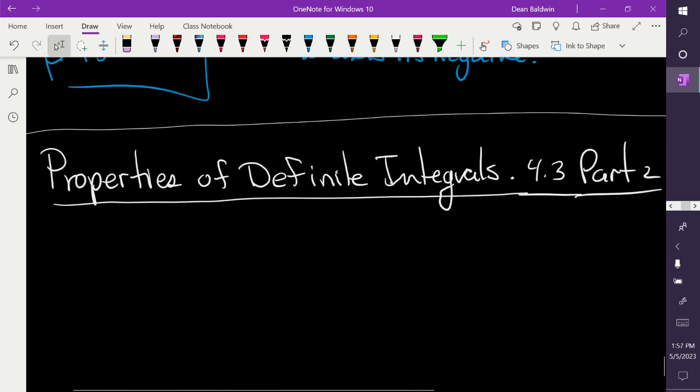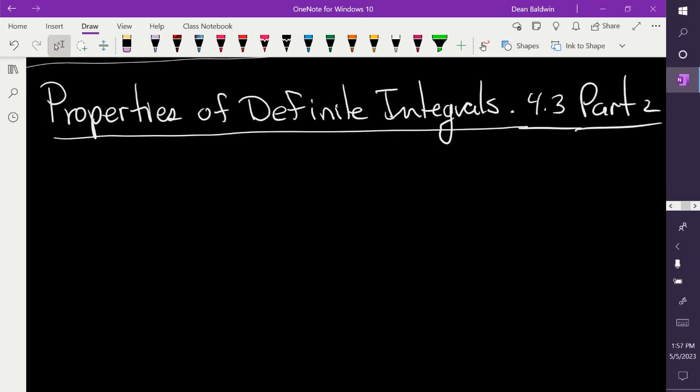So here we go. If we are integrating something, what's the answer?